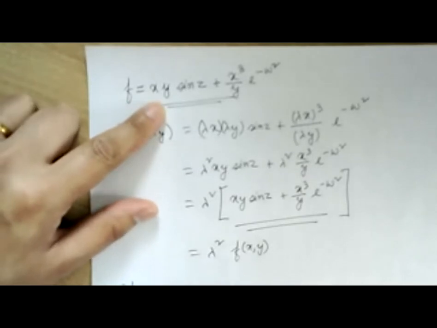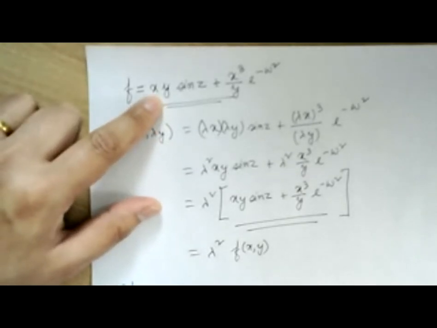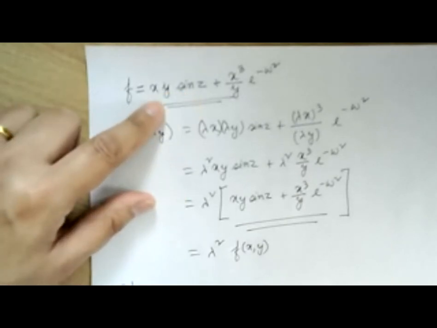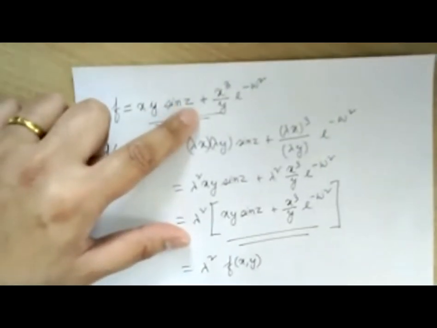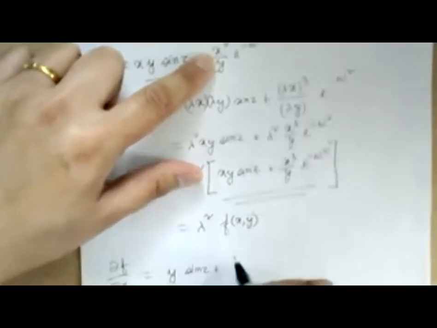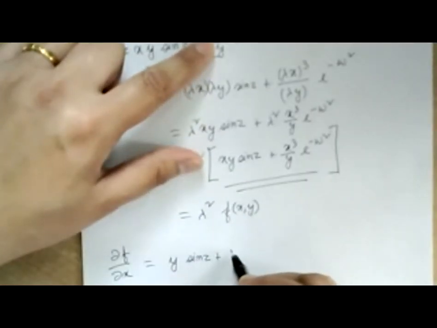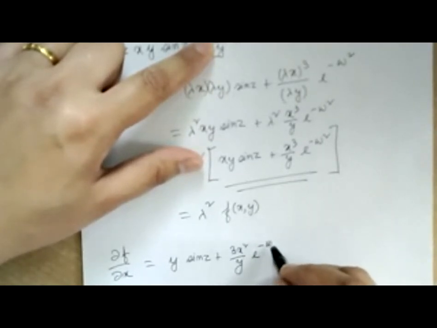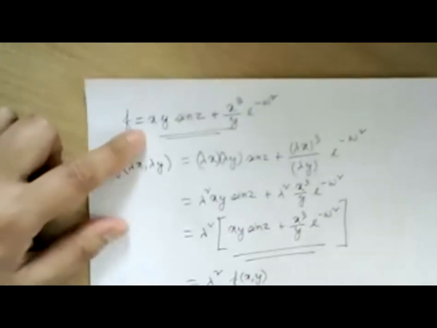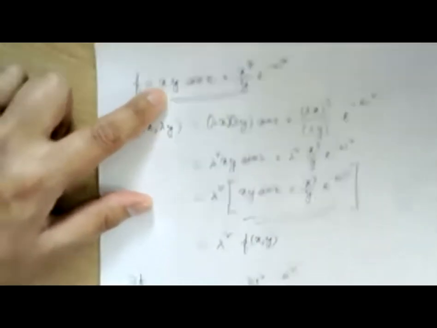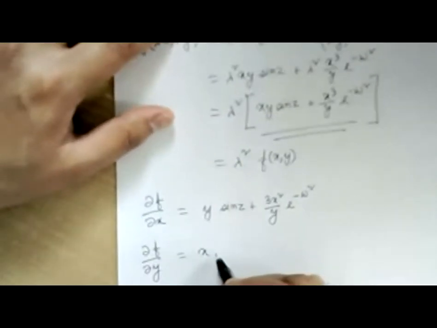So if I differentiate this with respect to x, keeping y constant, we get y times sin z, and then plus, the x cube, so we get 3x square by y e to the power minus w square. So this is del f by del x, and then let us calculate del f by del y. Del f by del y, we get x times sin z.